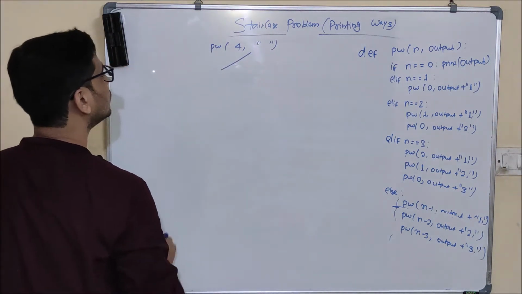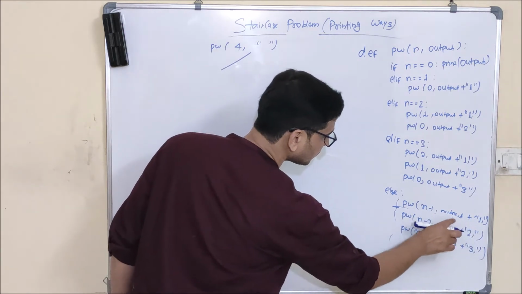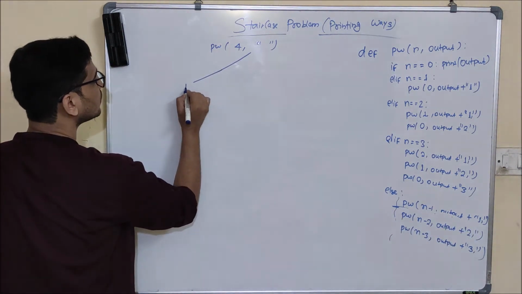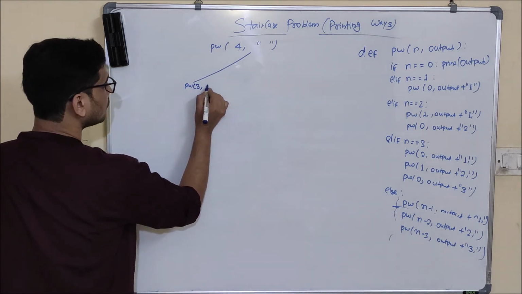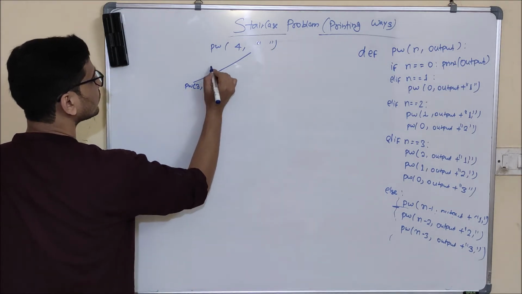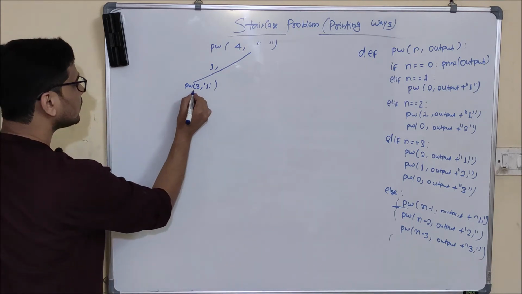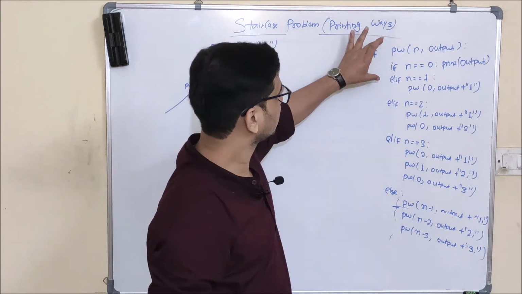Okay friends, so basically it will first take a 1 step jump, append 1 to the output, and make a function call to pw of 3 comma 1. I have taken a 1 step jump, and n will be equal to 3.